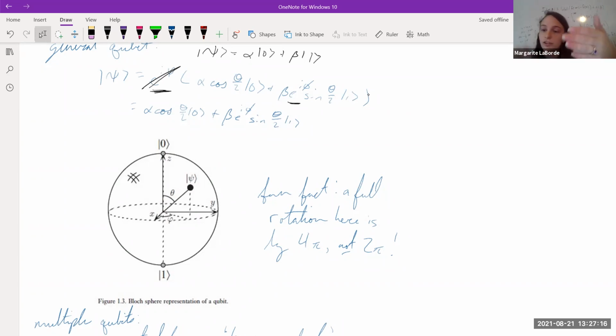You're at the antipodal point, which is pictured here, 0 and 1 being orthogonal, and they're away from each other, right here. And this construct where you have a cosine and a sine of an angle and then a relative phase allows you to specify your state as just being some point on the Bloch sphere.